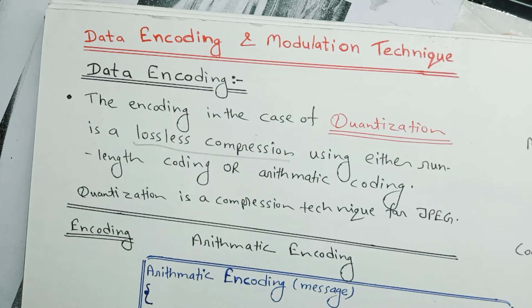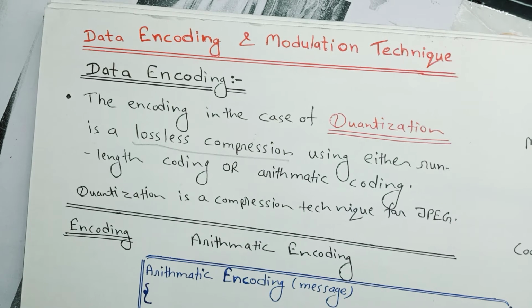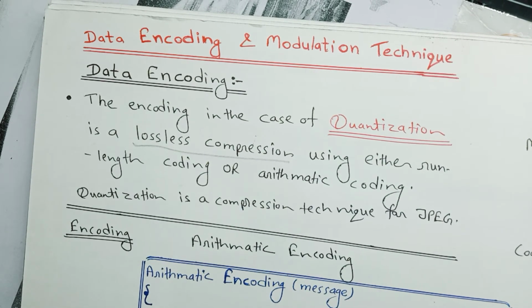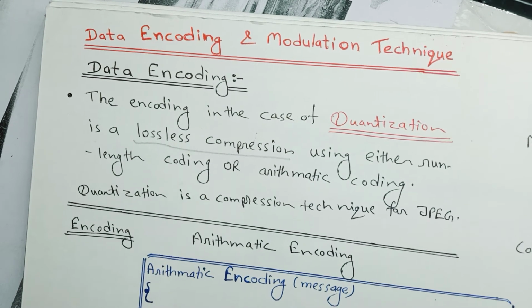As we know, JPEG images are compressed, so this is called quantization.